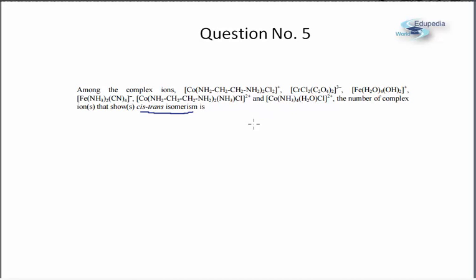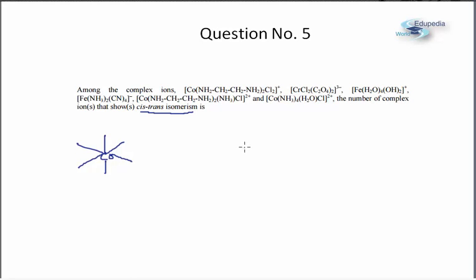Now if you try to look, all the complexes given in the question are octahedral complexes. Let us have a look at them one by one. The first one is Co(NH2CH2CH2NH2)2Cl2. This is ethylene diamine ligand, which is a bidentate ligand, and two chlorine groups.